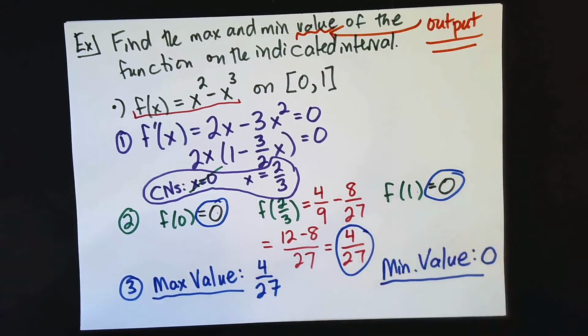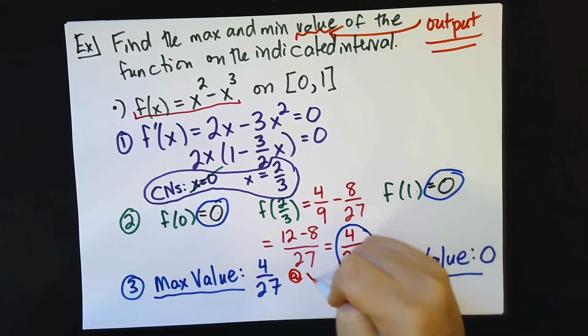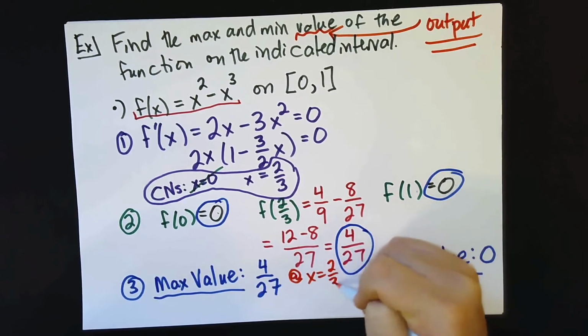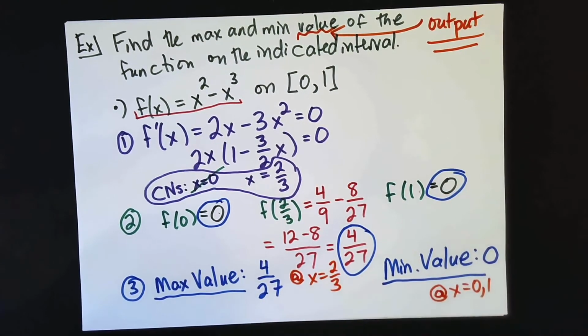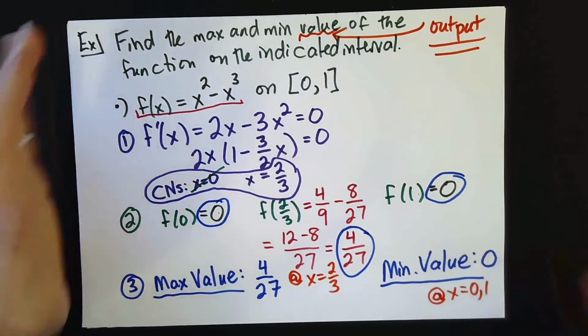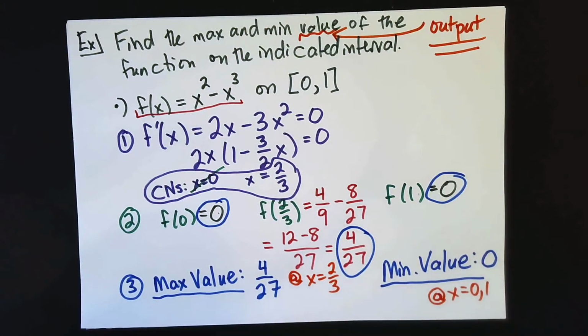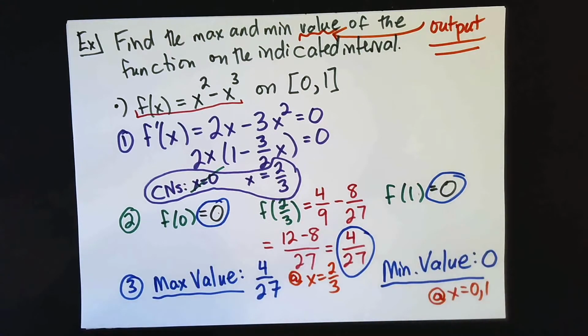If you want to, just to make your answer more complete, you can add something like at x equals 2/3 or at x equals 0 or 1 to tell which inputs those outputs are occurring at. That's fine. It is not necessary, but you can do it if it will make you feel better. Just make sure you're giving the outputs when the question asks you for the min and max value.